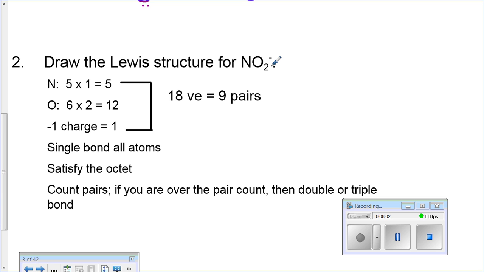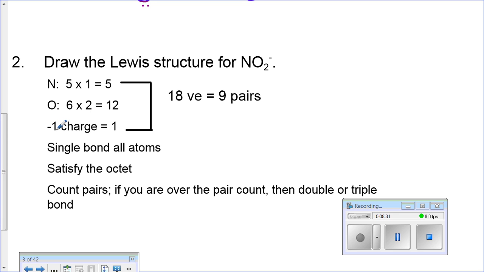Okay, so nitrogen has 5 valence electrons. From the periodic table, you can look and see it's in group 15, so 5 valence electrons, and only 1 nitrogen in the polyatomic ion. Okay, oxygen has 6 valence electrons. From its position on the periodic table, it's in group 16, so 6 valence electrons. And there are 2 oxygen atoms in this polyatomic ion, so 6 times 2.